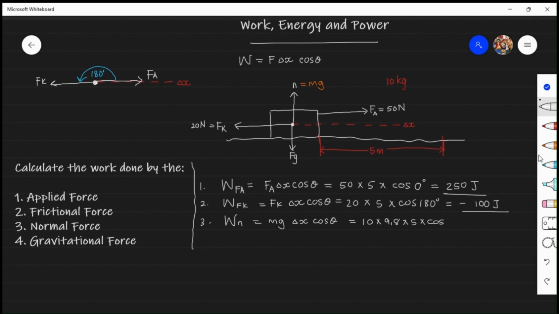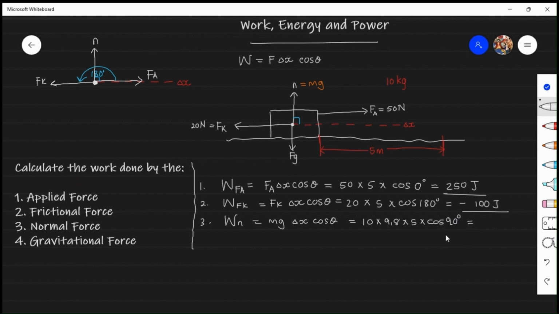So that means that there is an angle of 90 degrees between our displacement and our normal force because they are perpendicular to one another. So if we were to add normal force in here, we then conclude that normal force is perpendicular to our displacement, therefore it has an angle of 90 degrees.